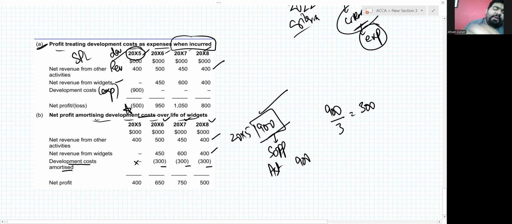But as a complete expense on its own, you have to deduct it directly, whereas when it is amortized, you amortize it over the years. So the impact on profit is that if you classify it as an expense, the complete expense of 900 will be classified under 2005, resulting in a loss of 500. But if it's an asset, then proper amortization is charged over the years, resulting in profit in all the years from 2005 to 2008.